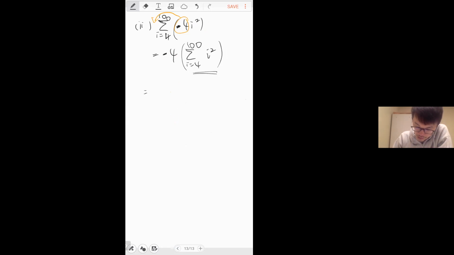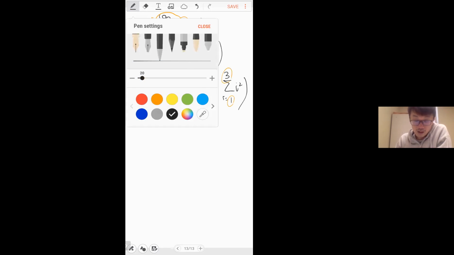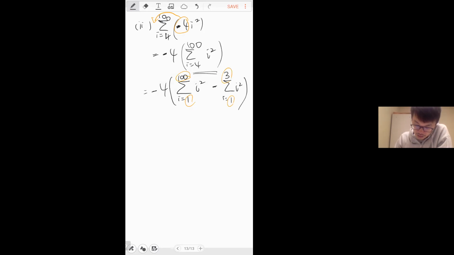So I would write negative 4, i goes from 1 to 100 of i squared, minus, because I need to start from 4, so you need to subtract the first three. So 1 to 100, and then you subtract the first three.